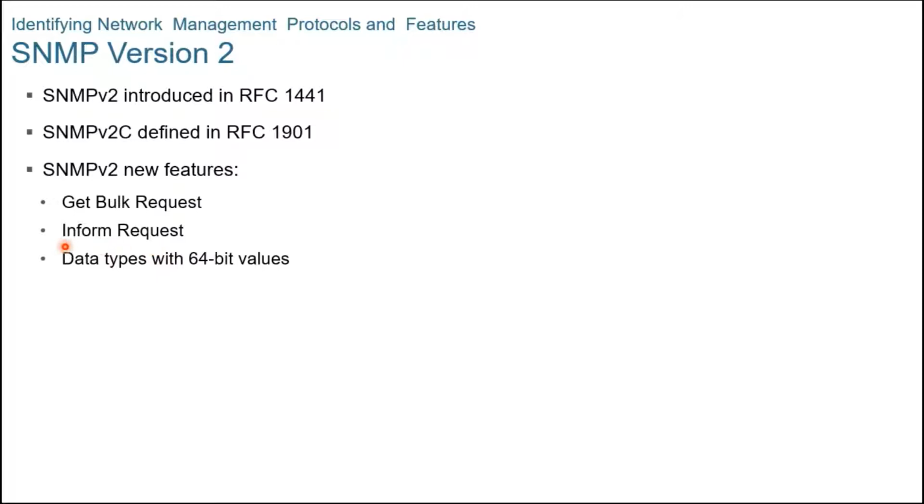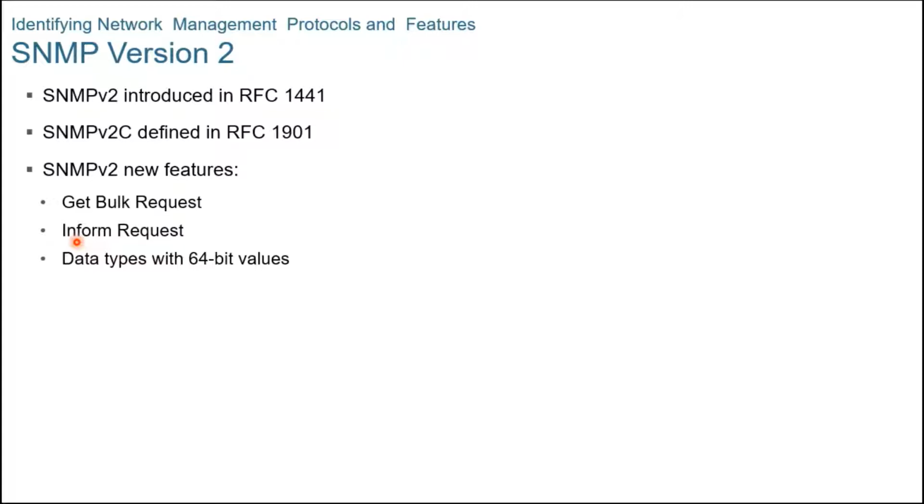Next is the inform request, used to alert the SNMP manager of a specific condition. Unlike unacknowledged trap messages, inform request messages are acknowledged. A managed device sends an inform request to the NMS. The NMS acknowledges receipt of the message by sending a response message back to the managed device.